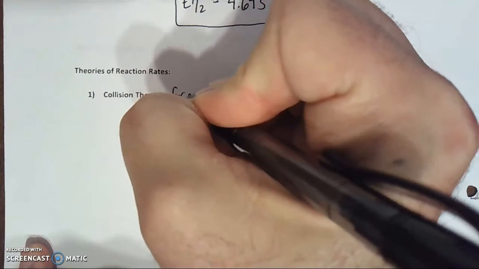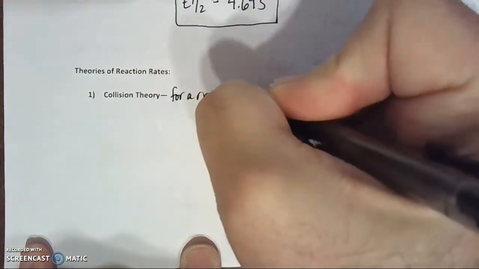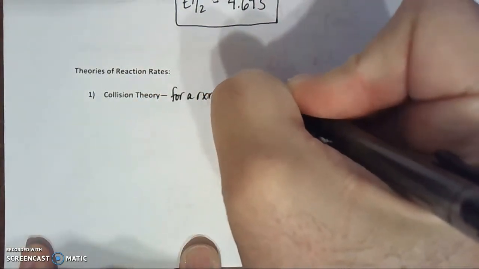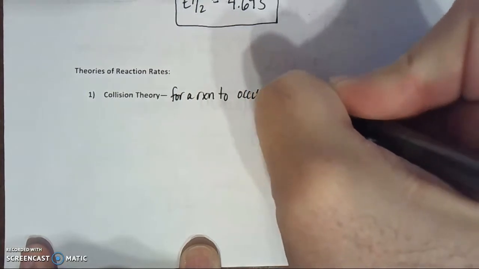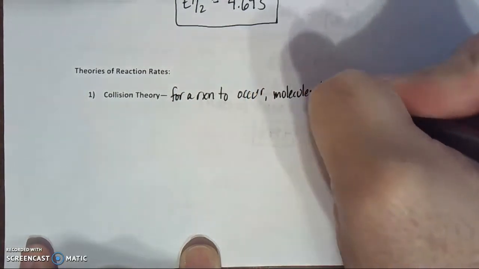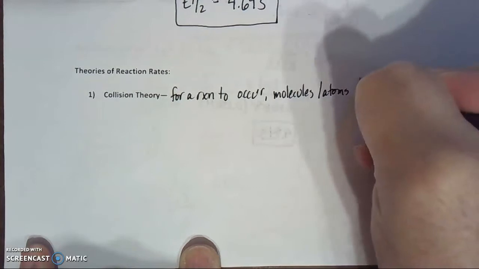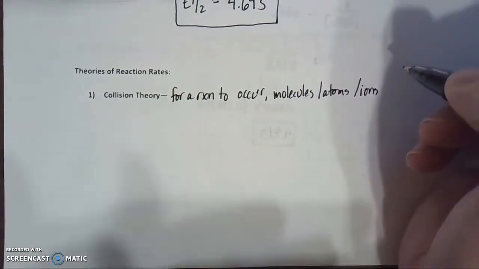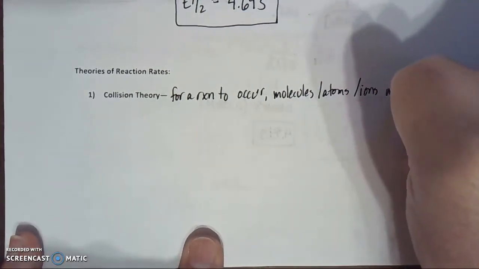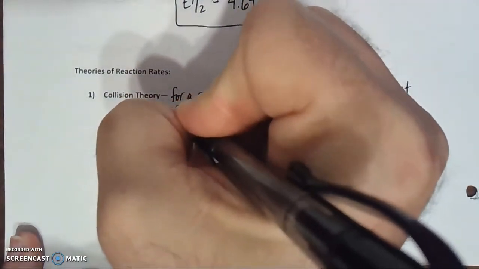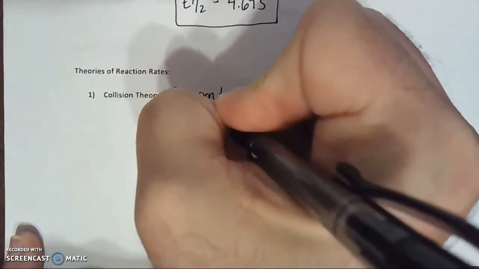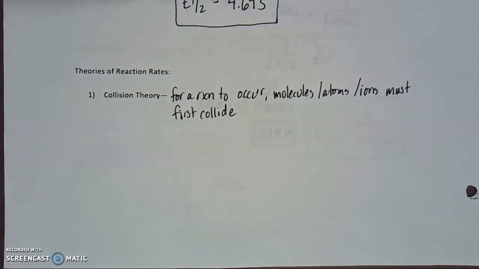What this says is, for a reaction to occur, molecules or atoms or ions, whatever parts we have, must first collide. They actually have to physically hit into each other.